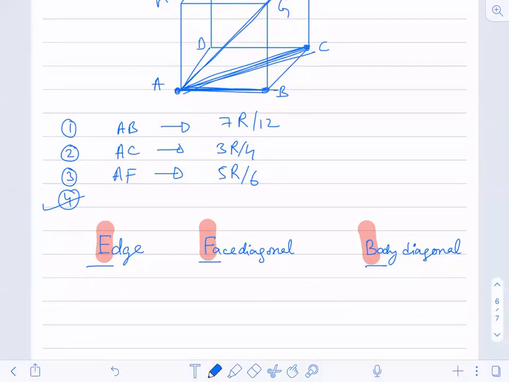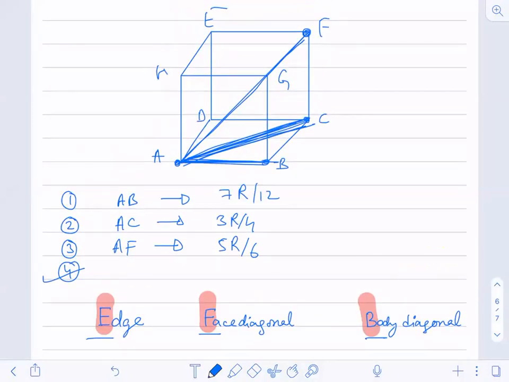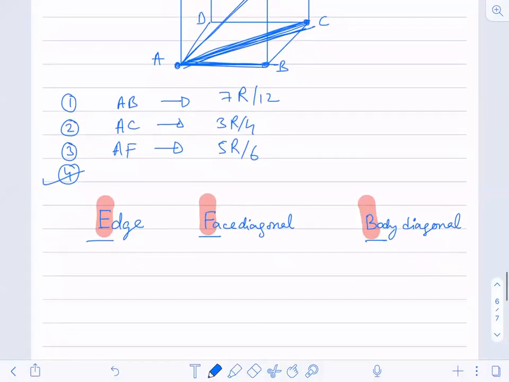F is the face diagonal, one face of the cube, across AC. And B is the body diagonal. Only these three will be asked; other than these, there is no fourth combination for a symmetric circuit.